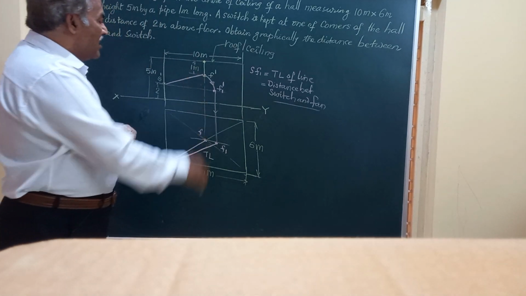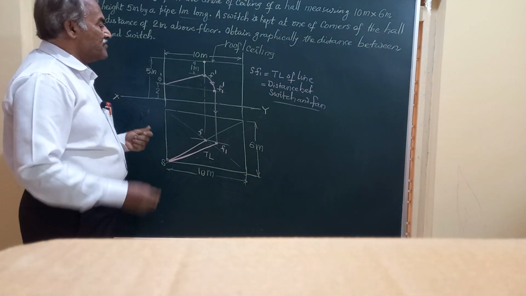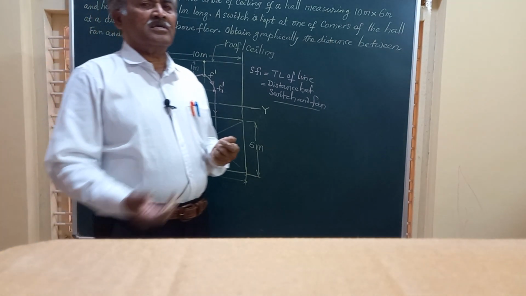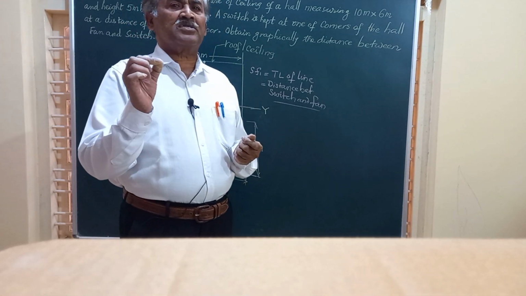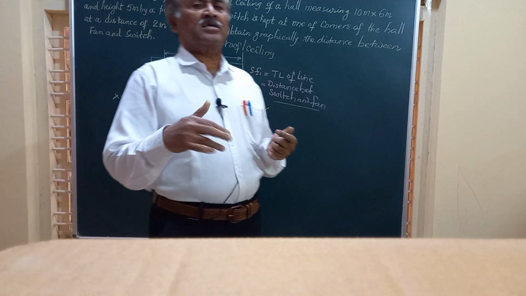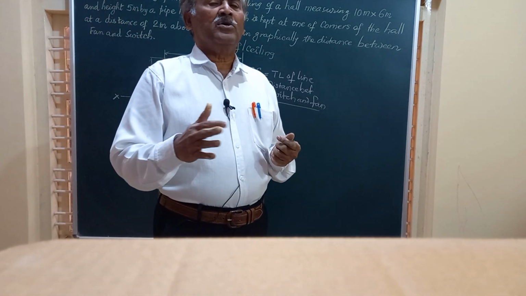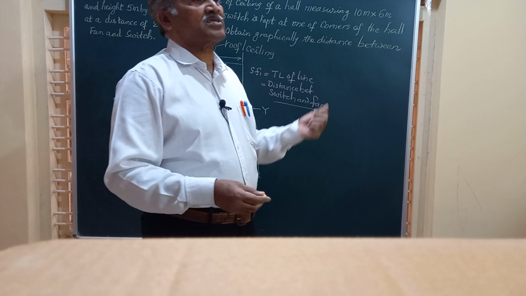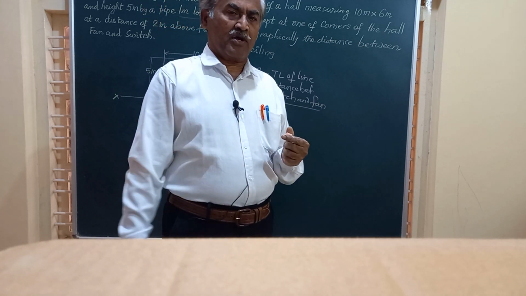And friends, this is how we work out this problem. See, on a simple concept: whenever the line is parallel to HP, the corresponding front view or top view will give the true length. So based on this concept, I have worked out this problem.